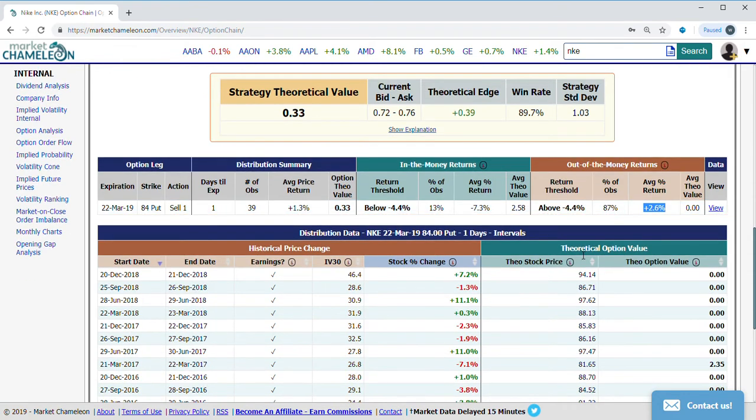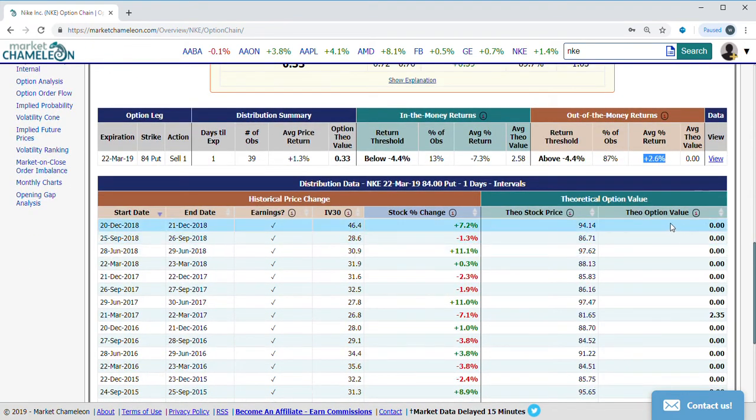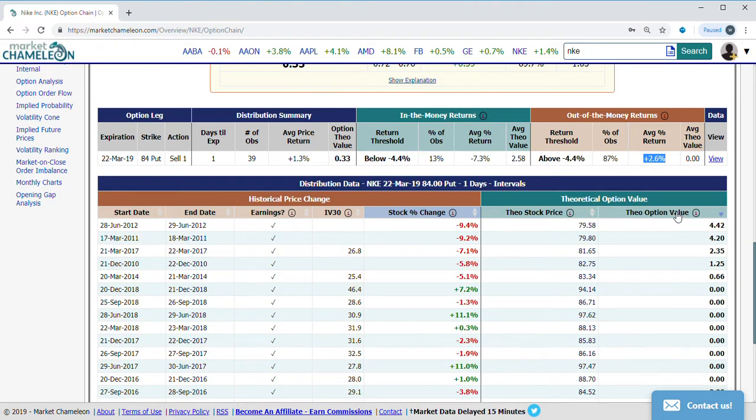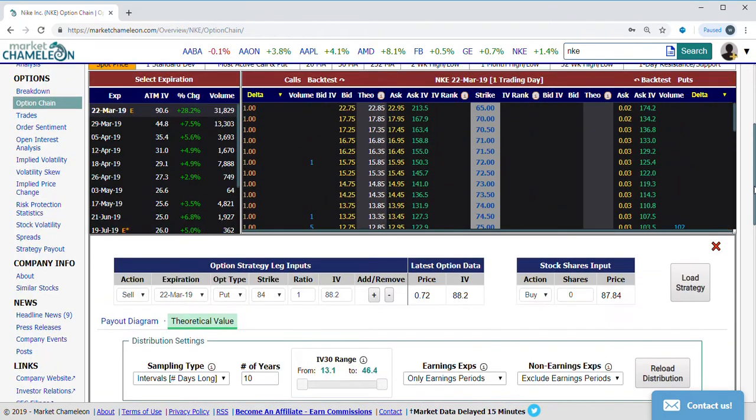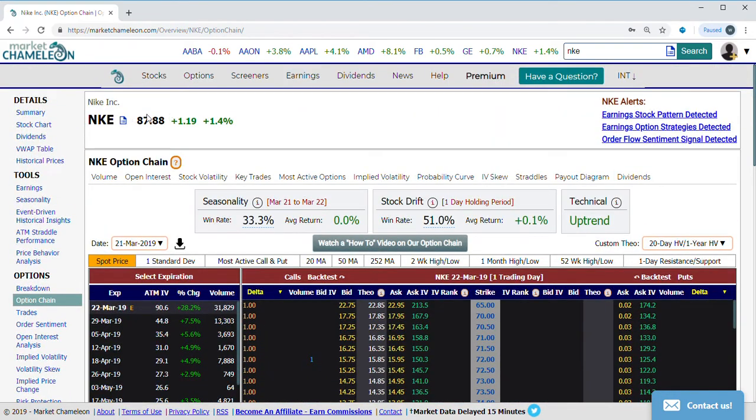So let's just take a look at the data really quickly, and I'm going to sort here by the highest theoretical value. So here, for example, in June 2012, we see the one-day move was negative 9.4%. And what that is saying is if we replicated that move, the stock price right now is 87.88.